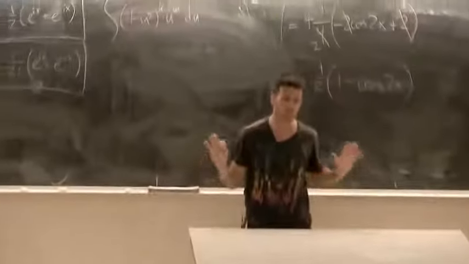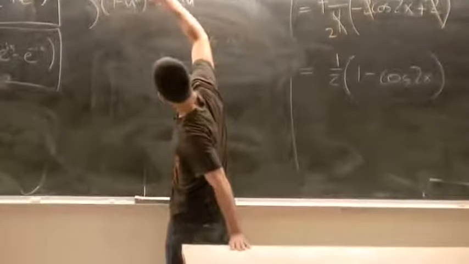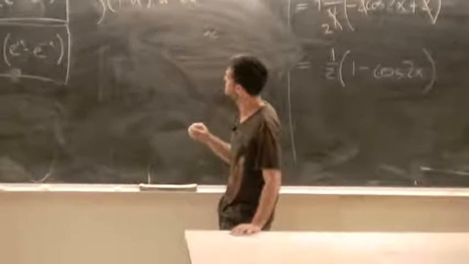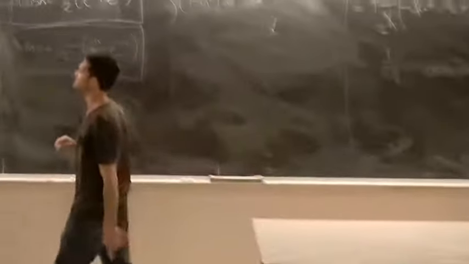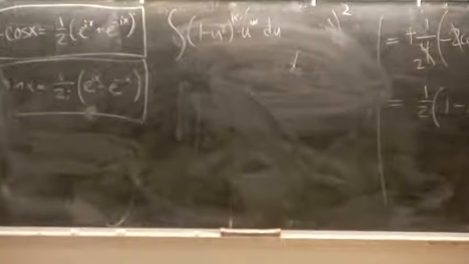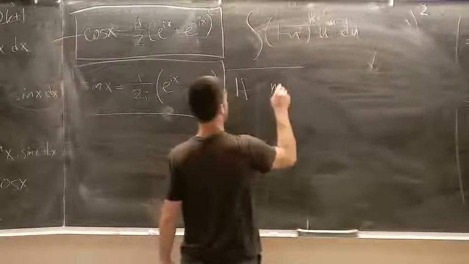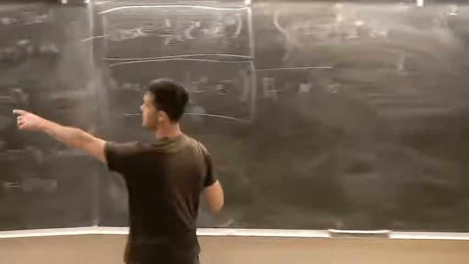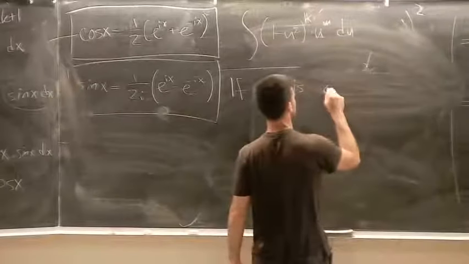Potentially an ugly one, but multiply it out, and you can do it. Okay. Now, that was if n is odd. If m is odd in this expression, we can do the same thing with cosine.